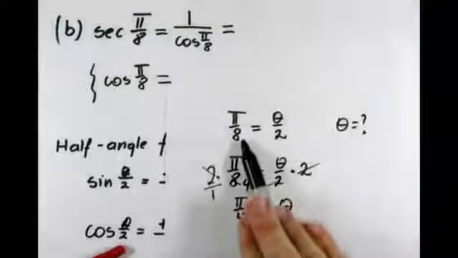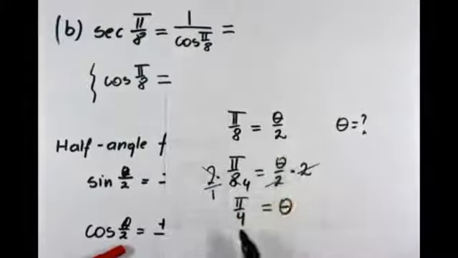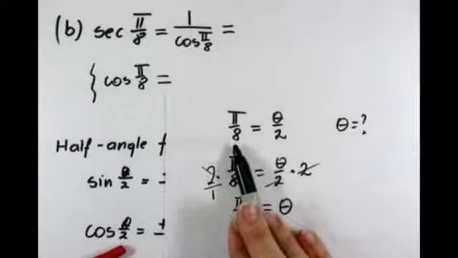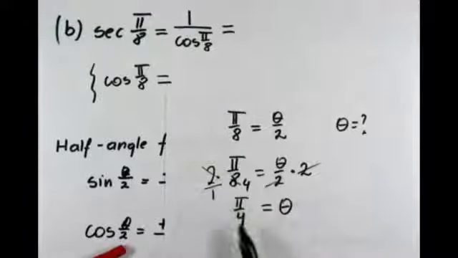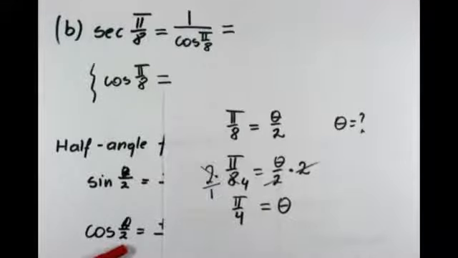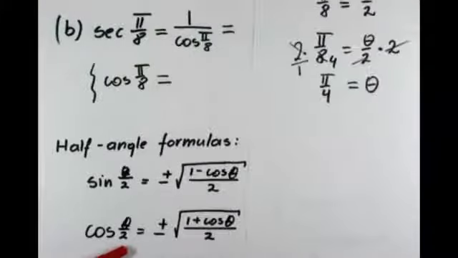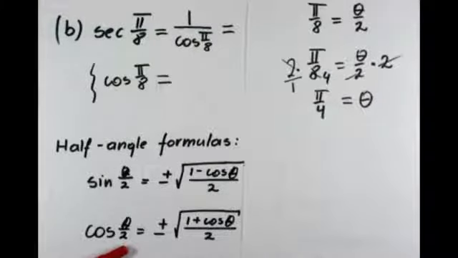If my pi over 8 is half angle, my angle is twice as much as pi over 8, which is 2/8. That means it's 1/4. Okay, so theta is pi over 4. Now I can use the formula for half angle, that cos theta over 2 is plus or minus the square root of 1 plus cos theta over 2.